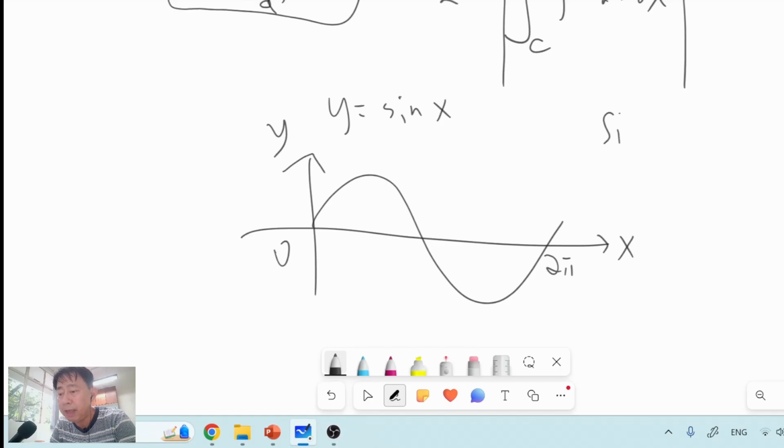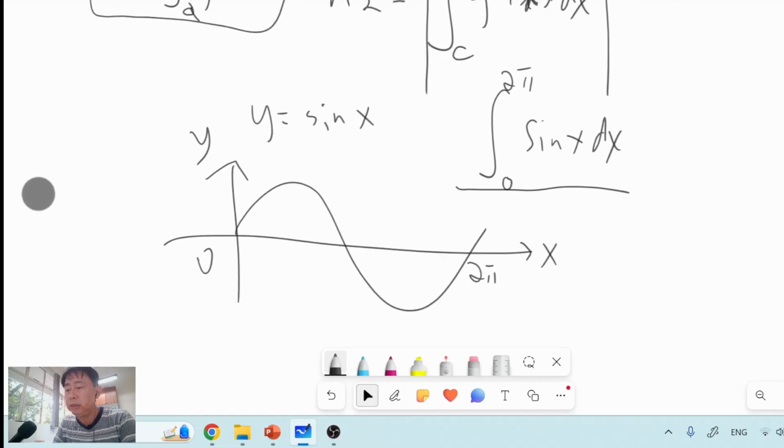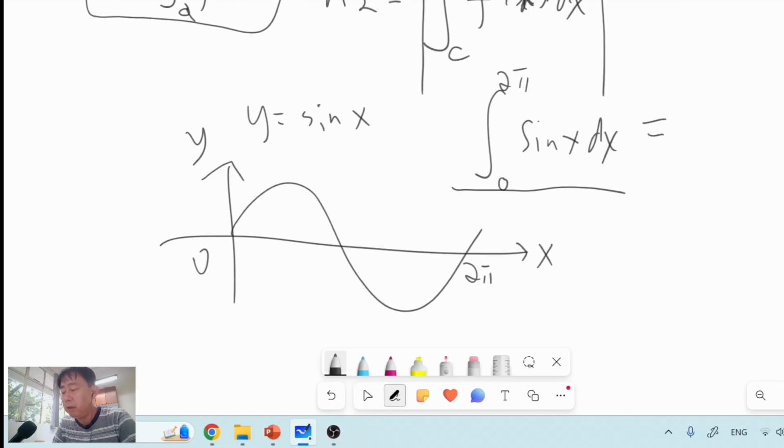You are simply asked to calculate the definite integration of the function between 0 and 2 pi. In this case, this integration is not defining the area of the curve. It's only defining a definite integration of a function between two limits.